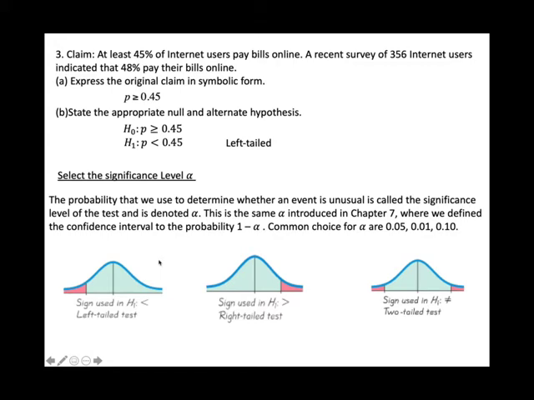The difference is in chapter 7, we always work with two tails for the confidence interval. But for chapter 8, it depends on your alternate hypothesis. We can have a left tail, right tail, or two-tail. So if we are working on the left tail here, the area of the left tail, this part, will be equal to your alpha.